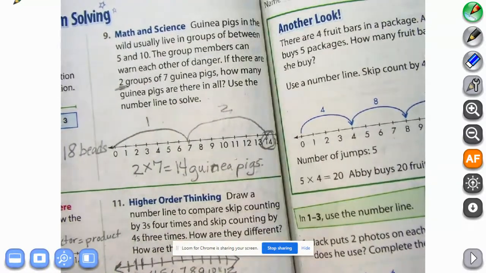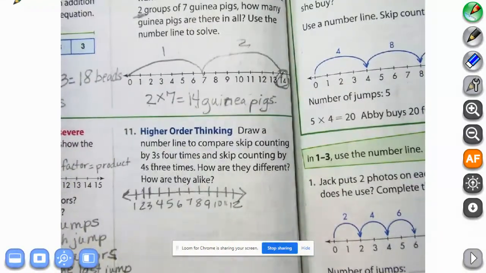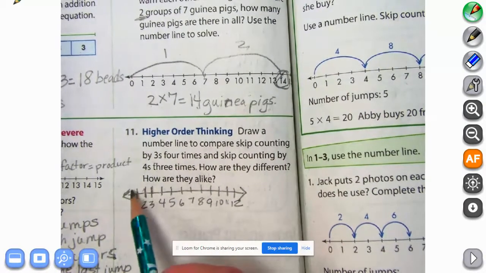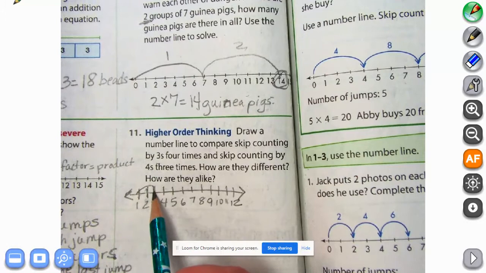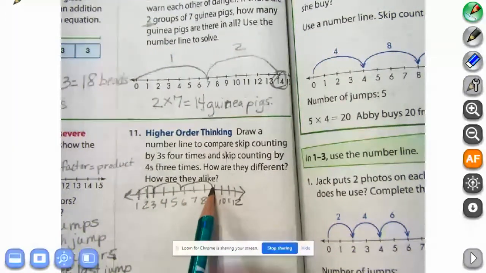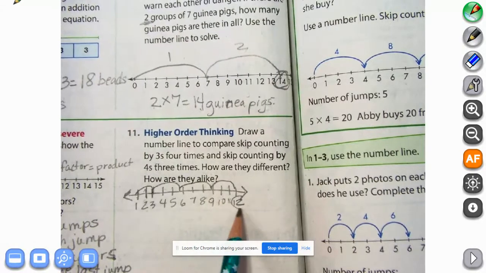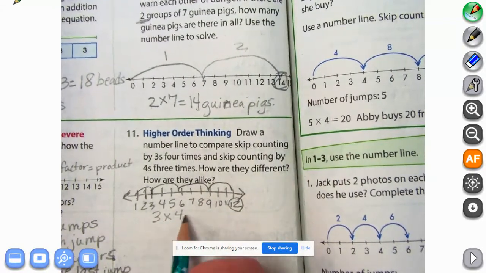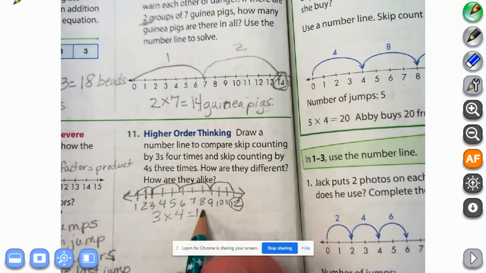We'll just do that. I'm going to skip count by threes. So 1 jump, that's 2 jumps, 3 jumps, 4 jumps. Okay. 3 groups of 4 equals, and it lands on 12.